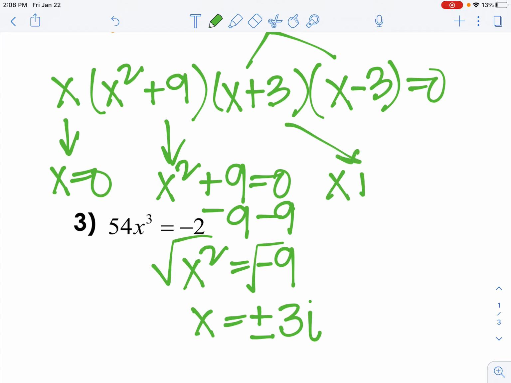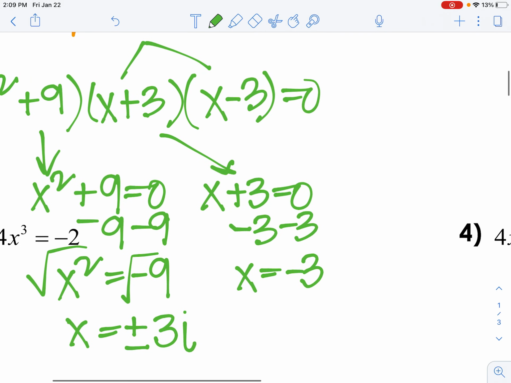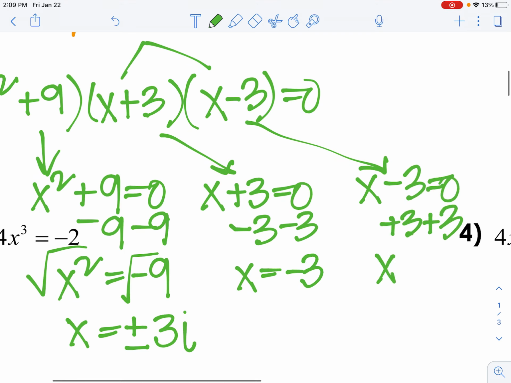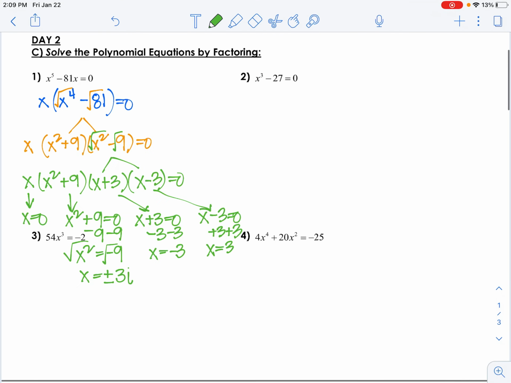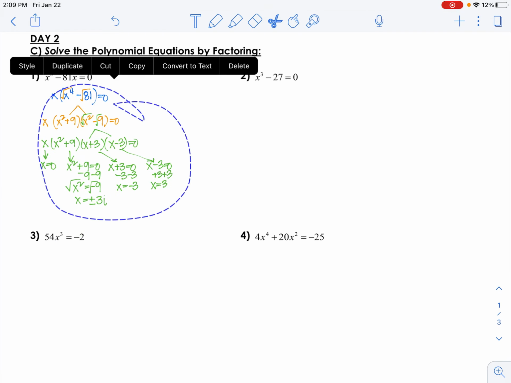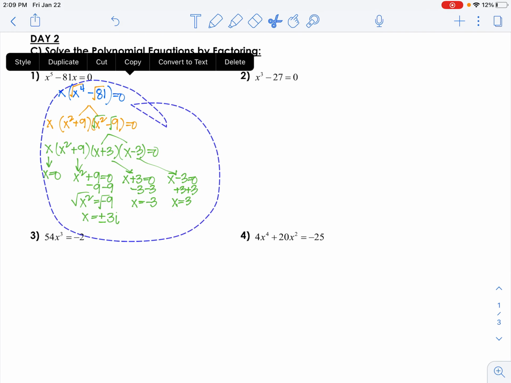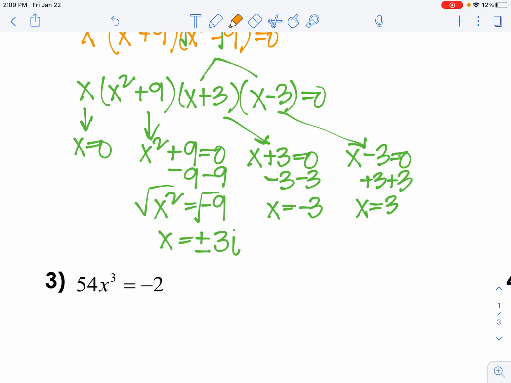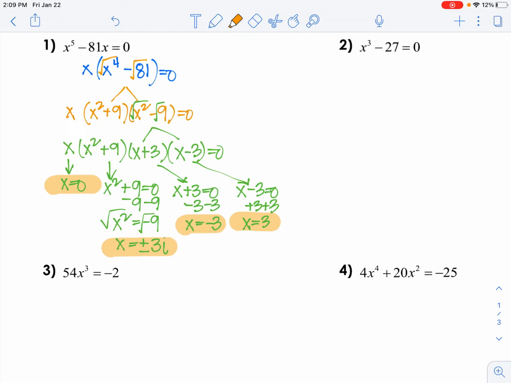Here we'll get x plus 3 is 0, so when we subtract 3, we get x is negative 3. And here we have x minus 3 is 0, so we'll add 3, so x is positive 3. Okay, I know I really wrote too big there. Now if we count our solutions, we have 1, 2, 3, and this counts as 2 more, so 4, 5.